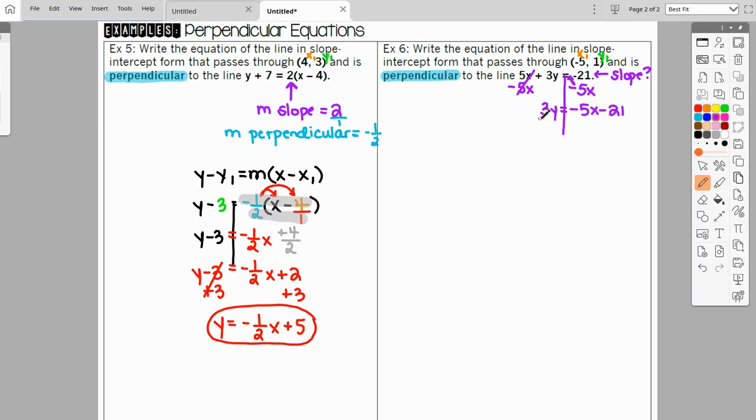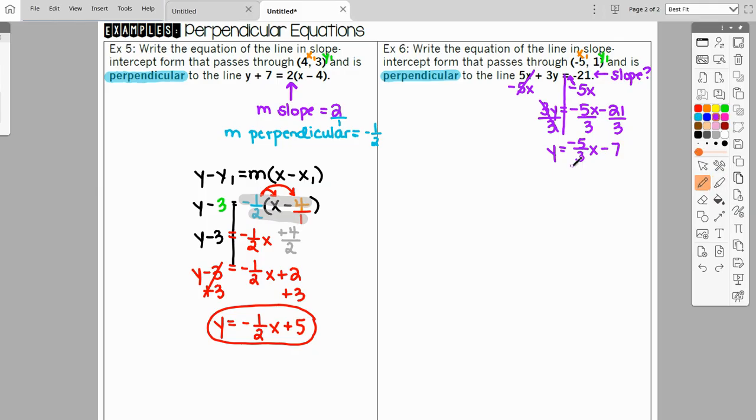We now divide everything by the number next to y, which will be 3. When I divide 3y by 3, it cancels out to just a y. When I divide negative 5 by 3, it's left as a fraction. And when I divide negative 21 by 3, it comes out to negative 7.